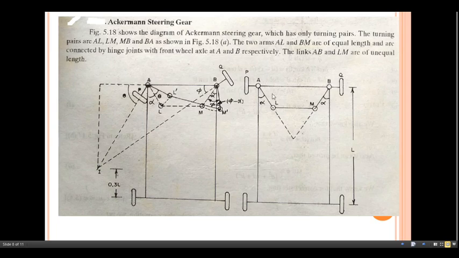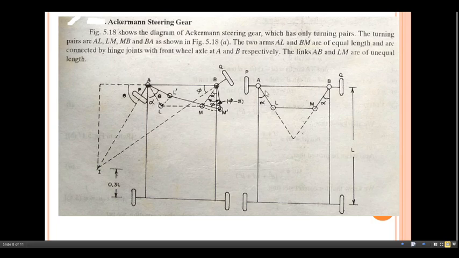The two arms AL and MB are of equal length and are connected by hinge joints, here, with the front axle at point A and at point B respectively. The links AB and LM are of unequal length.